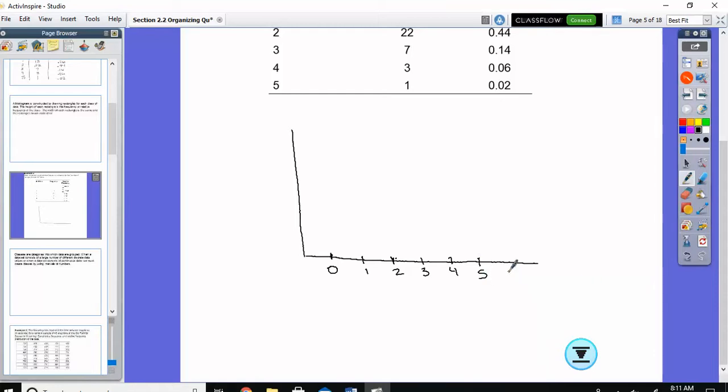And if I had someone that had like 7 cars, I would have to even include the 6, even though there weren't any families of 6, to get to my 7. You can't just jump around. Okay, so there's my number of cars. And over here we're going to put the frequency. So our frequencies, the highest was what? 22. Let's just count by 2s.